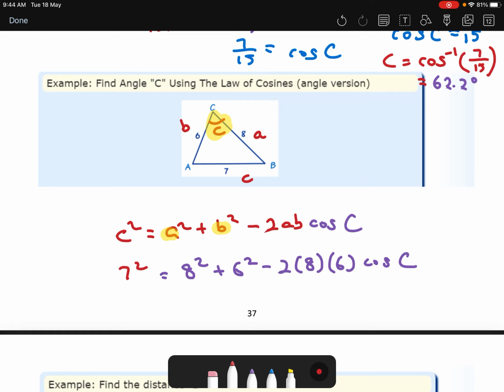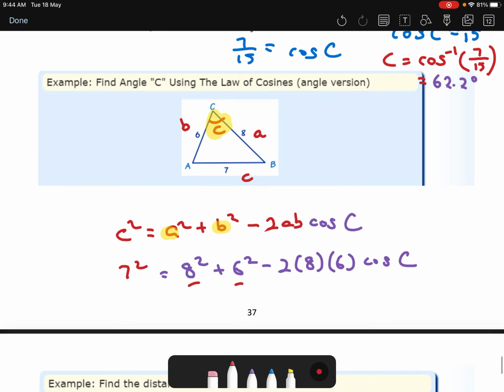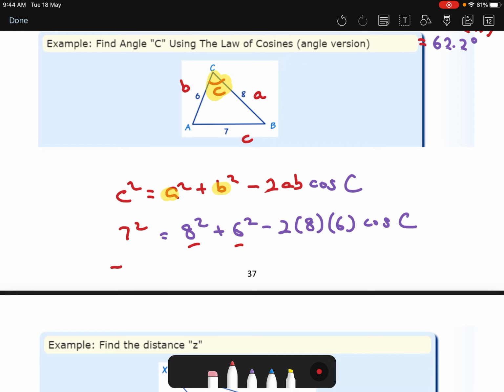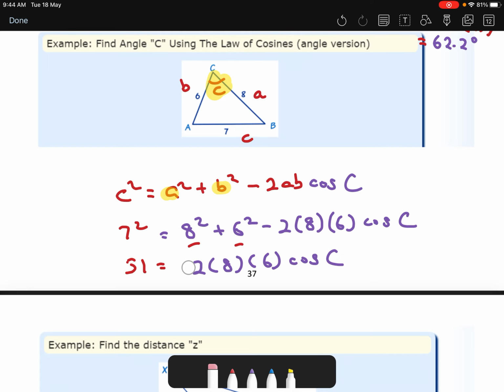Move your 8 square and 6 square to the left hand side. So it's minus 51 equal to minus 2 times 8 times 6 cosine C. So you just throw away the negative.